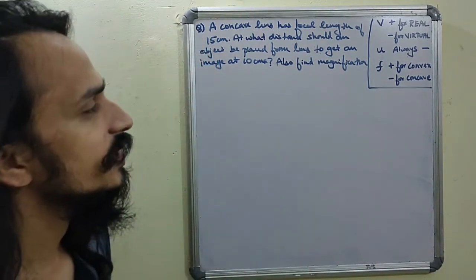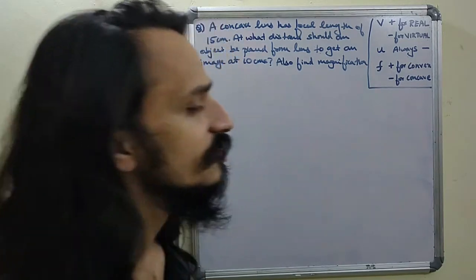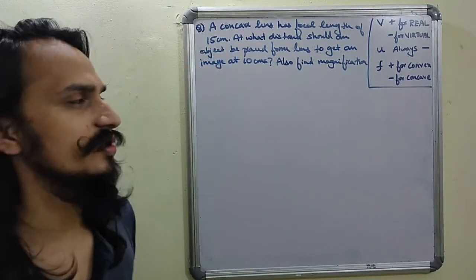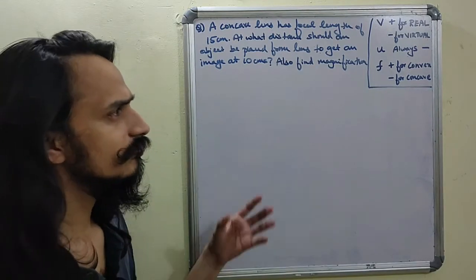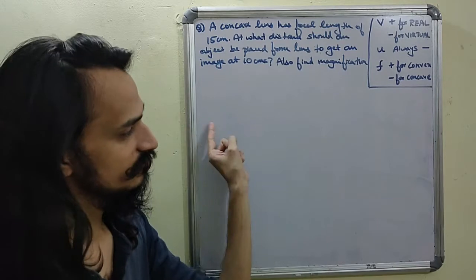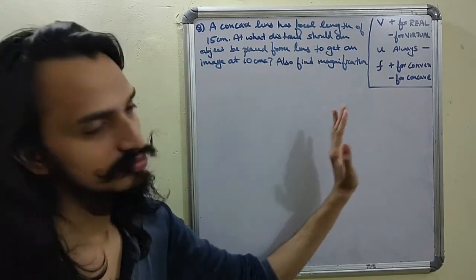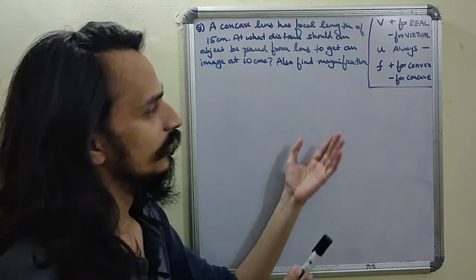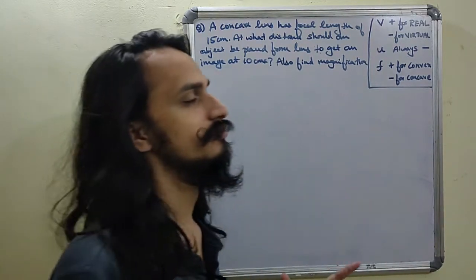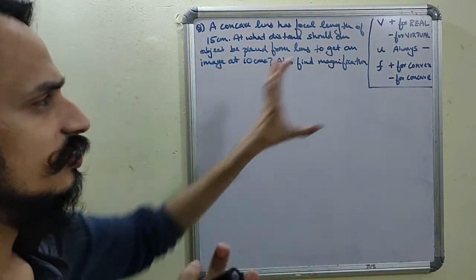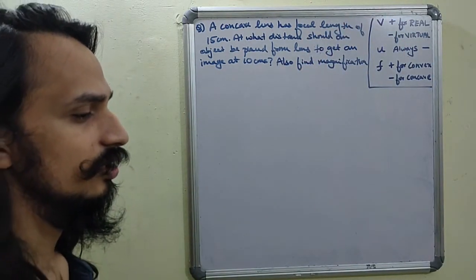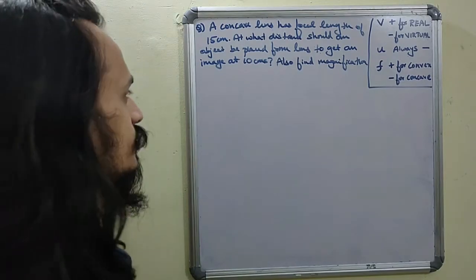And focal length F is always a positive number for a convex lens and a negative number for a concave lens, because for convex lenses we use the focus on the right side. Light is going towards the right, focus also right, positive. For concave, we use the focus on the left side, which is why it is negative. Just remember these 5 points, that should be sufficient to understand and use.